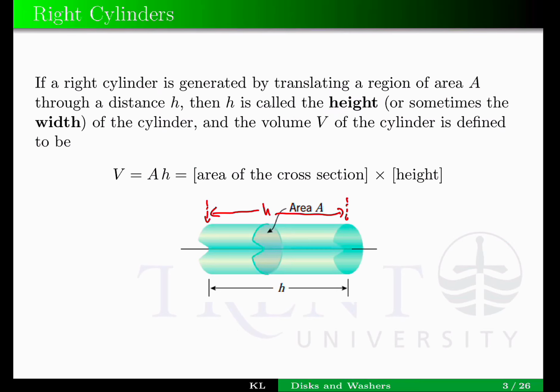Now, if we have this plane region here that looks like a Pac-Man, and we know the area of this plane region, then we can find the volume of our right cylinder by multiplying the area of our plane region times the amount of translation, which is called the height.